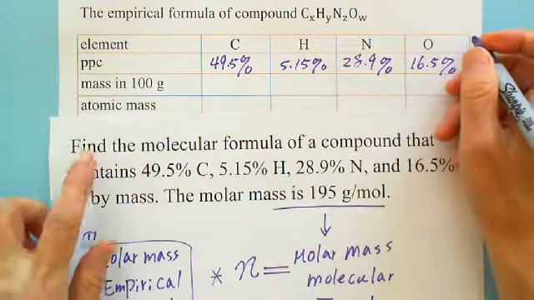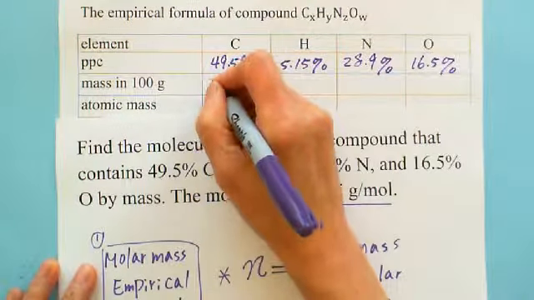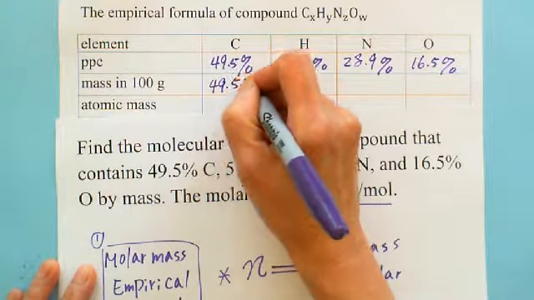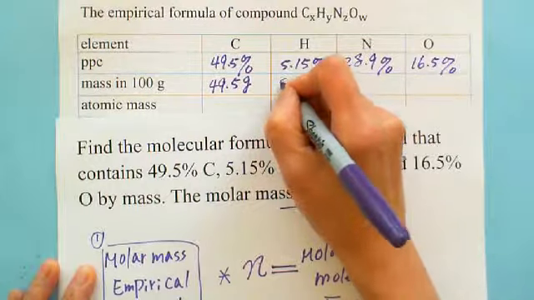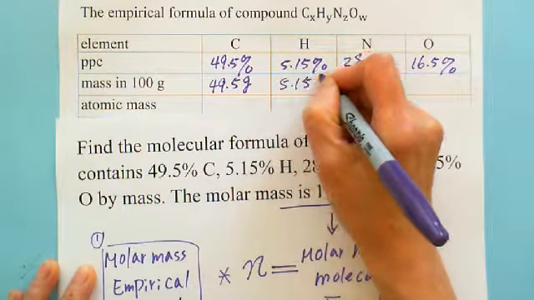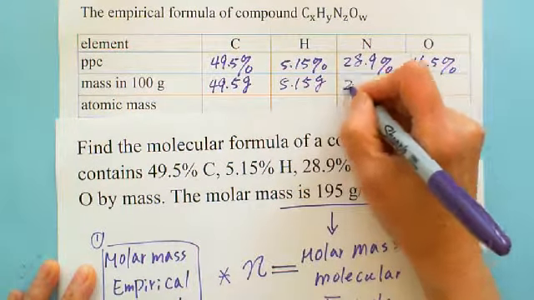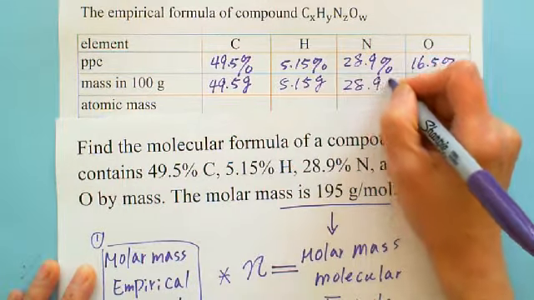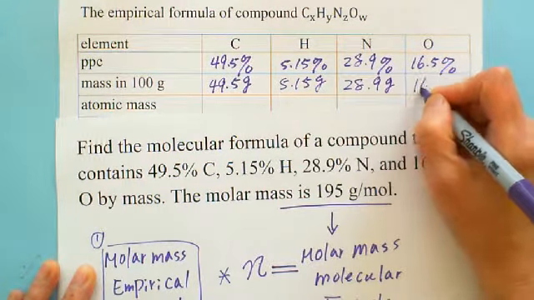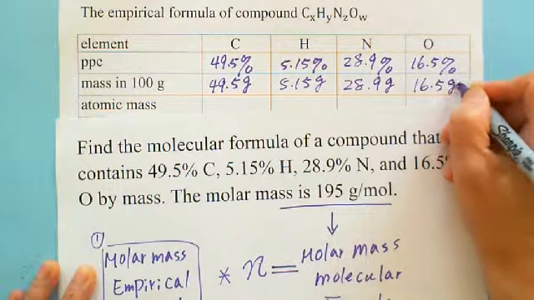So in 100 grams, we have 49.5 grams carbon, 5.15 grams of hydrogen, 28.9 grams of nitrogen, and 16.5 grams of oxygen.